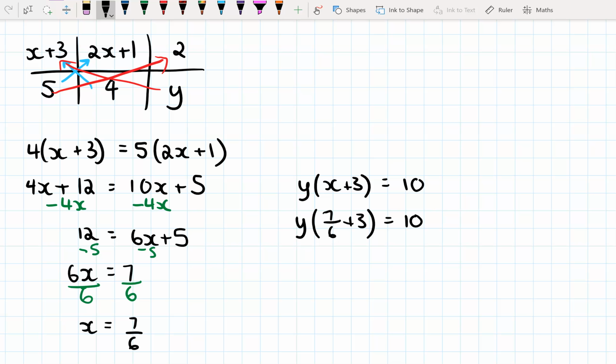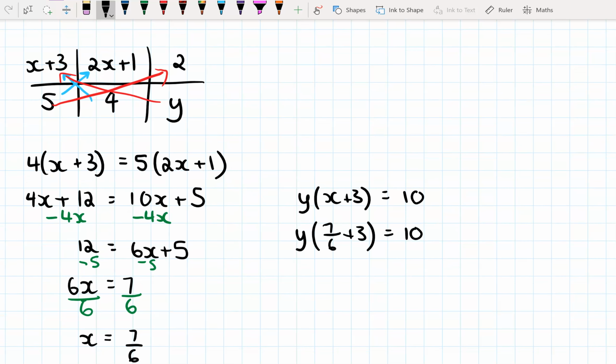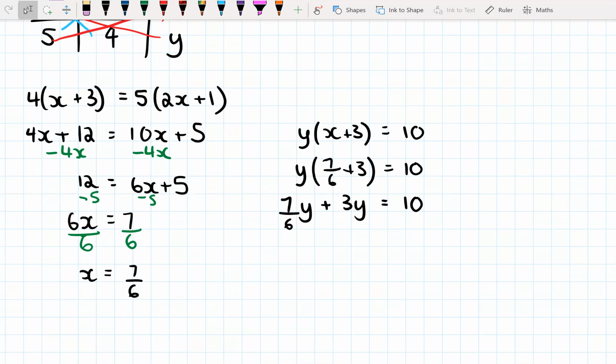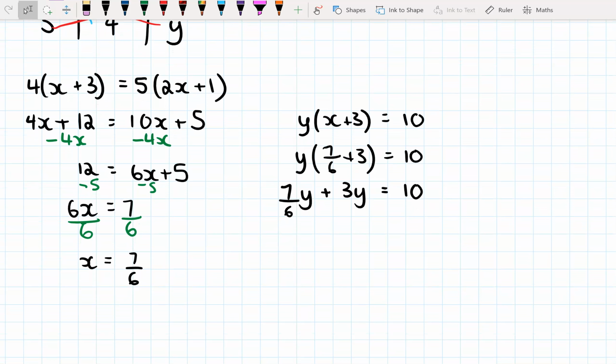In this case, I like to multiply my brackets out, so we're going to get 7 over 6 y plus 3y is equal to 10. And here we have a fraction, and as you guys learned in the first unit, what's really nice when you have a fraction is to multiply by the denominator in order to get rid of it.